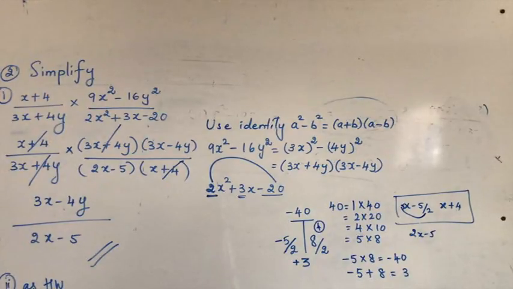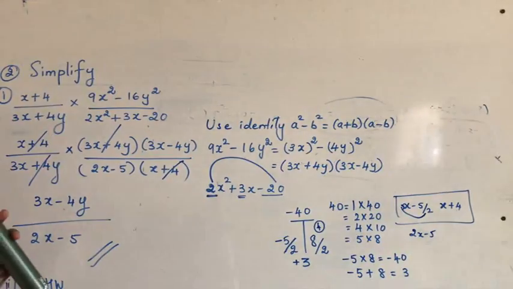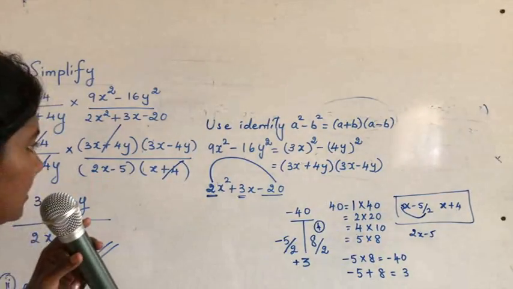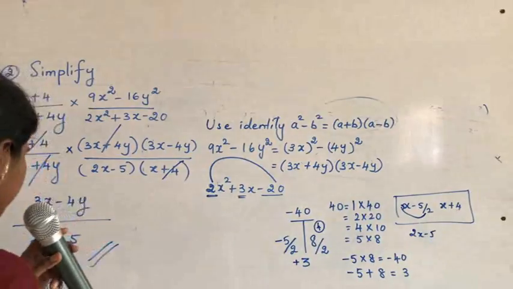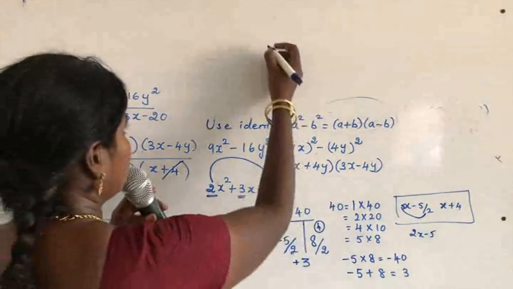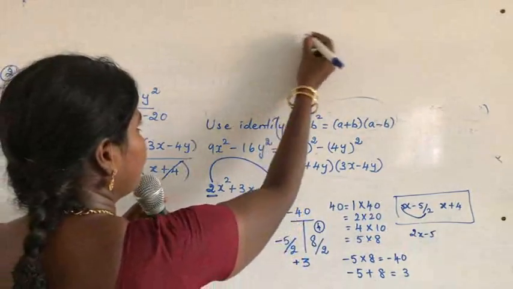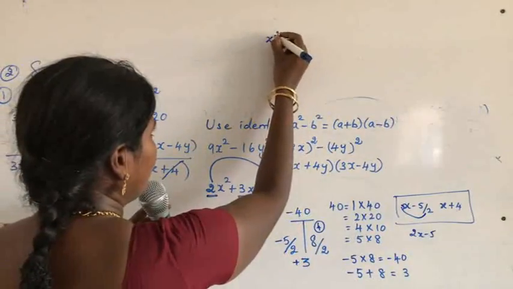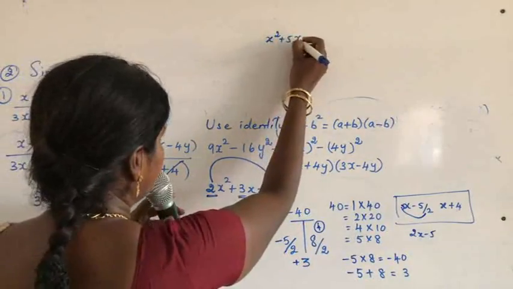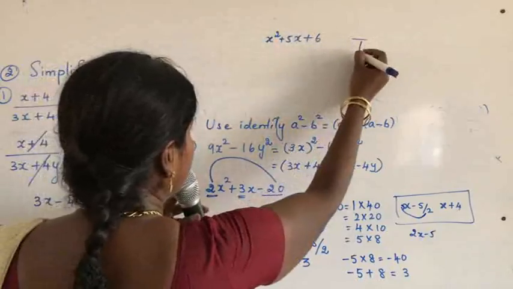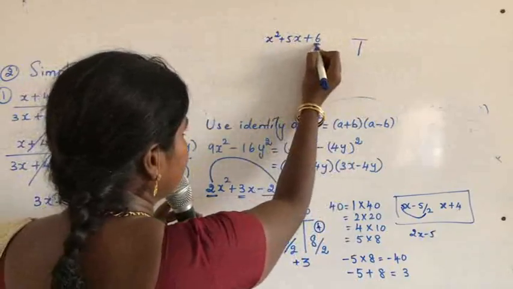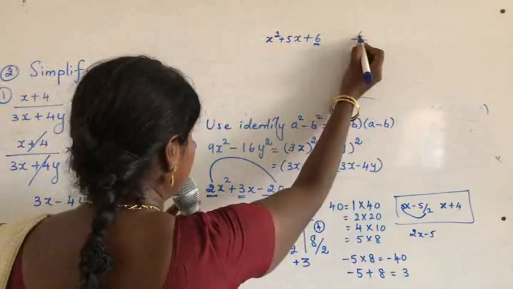Whenever you follow the T method, see the expressions carefully and try to do the sum. There's a difference, just a small recap. Whenever you are using the T method, suppose your expression is x square plus 5x plus 6. In the T method, you are going to take the constant term, that is 6.